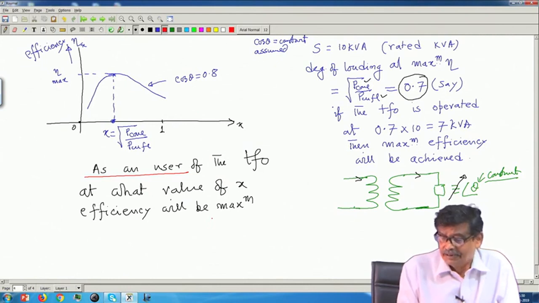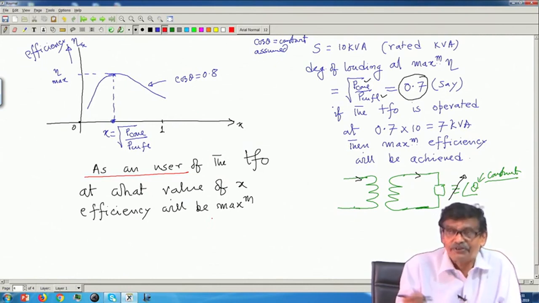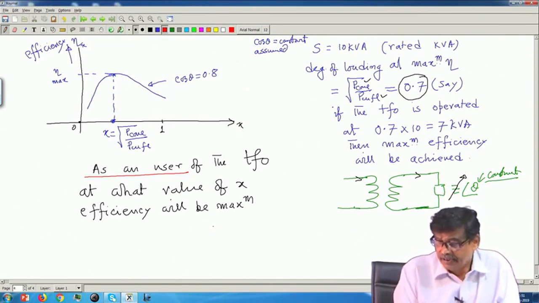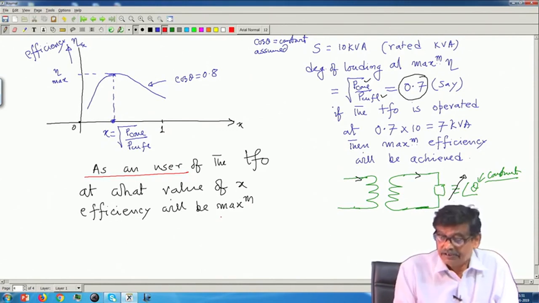Do I have a choice for that, to say, okay, I have purchased a transformer, let its maximum efficiency occur, should I say at x equal to 0.5 or x equal to 0.8? So, these are the things which we will discuss, very interesting point.